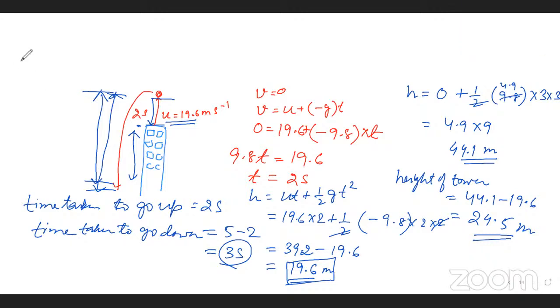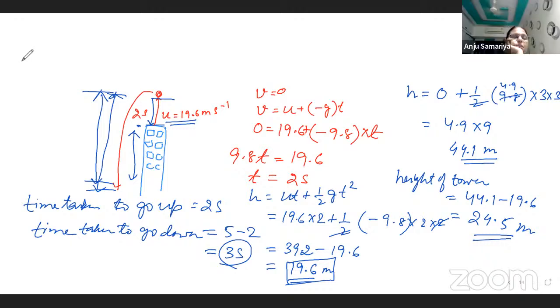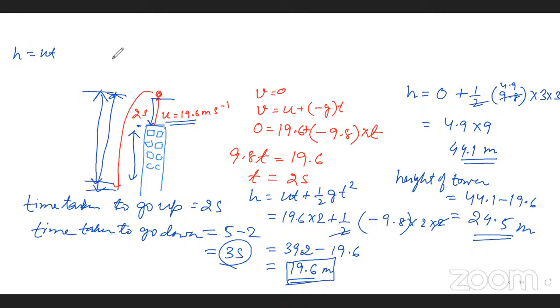Ma'am, to find the height the ball was thrown, I used v square minus u square is equal to 2gh.